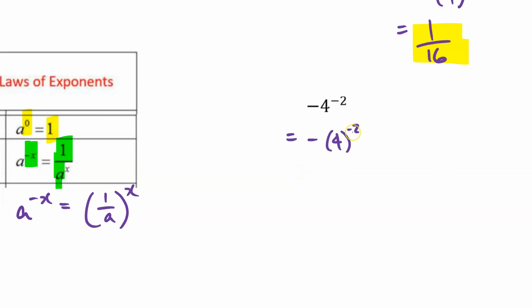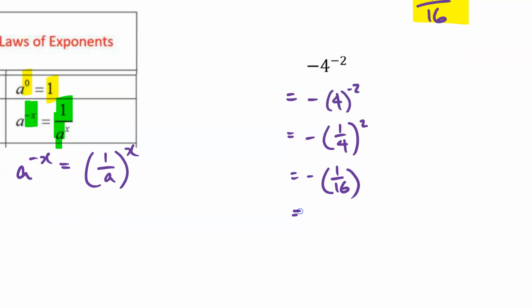Let's deal with the negative exponent, and then we're going to deal with the 2. We'll leave this negative outside. The negative on the exponent causes a flip, the reciprocal. So 4 becomes 1 over 4, because right now it's actually 4 over 1. And then I still have the 2. Let's handle the 2 by sending it into both of these. So this would be 1 squared and this would be 4 squared. If you don't mind, I'm going to do that in one shot. This gives me 1 over 16. And we are going to send in the negative and call it negative 1 over 16, which should be fine.